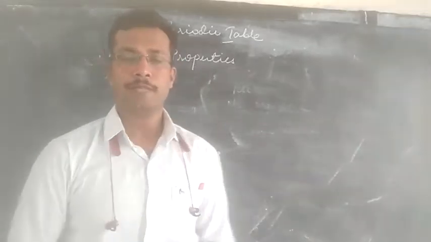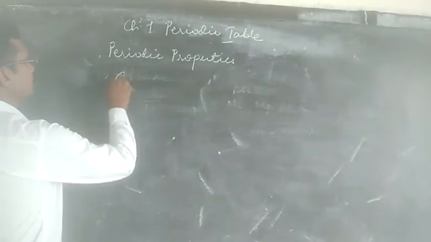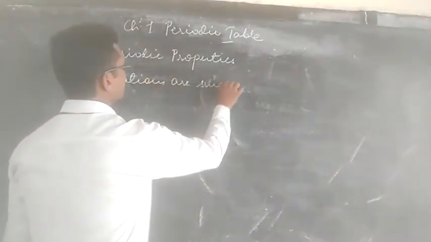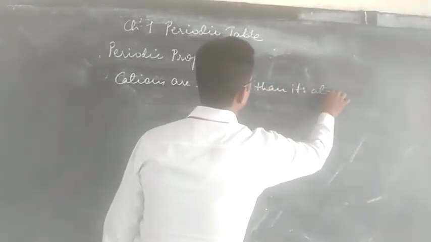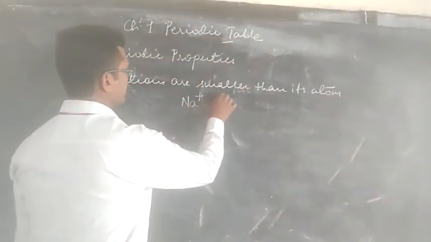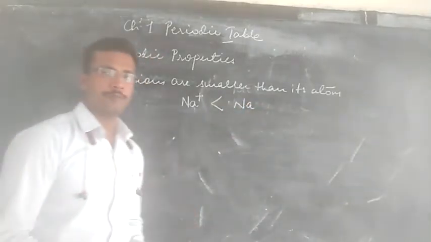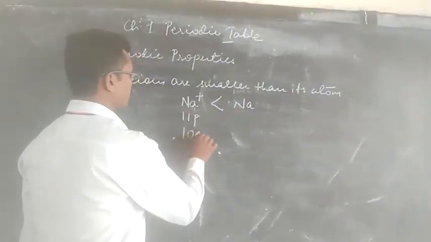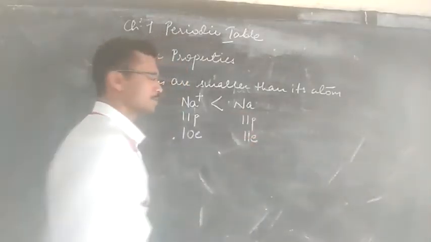Next you can see that cations are always smaller than their atoms. Let us see why. Take one example: sodium ion is smaller than sodium atom. The reason can be understood from the fact that sodium ion contains 11 protons but 10 electrons, whereas sodium atom has 11 protons and 11 electrons.